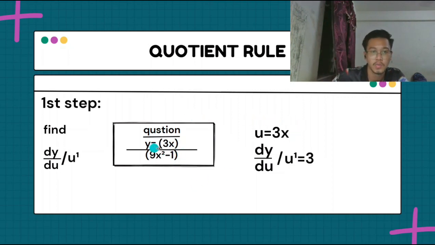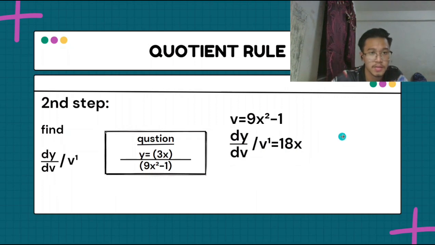So for u we just take the upstairs from y, which is 3x. We're going to leave the bracket alone, because we're going to find u prime. So u prime is equal to 3, because if we want to find the prime we can leave the number only.